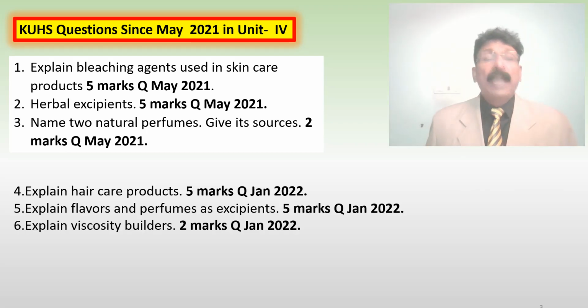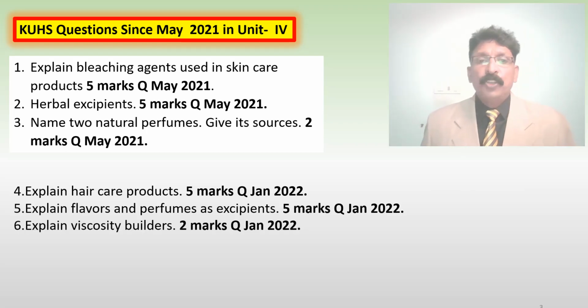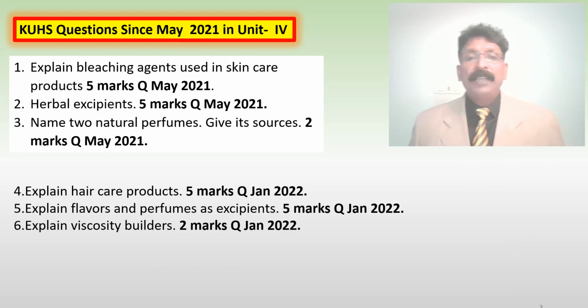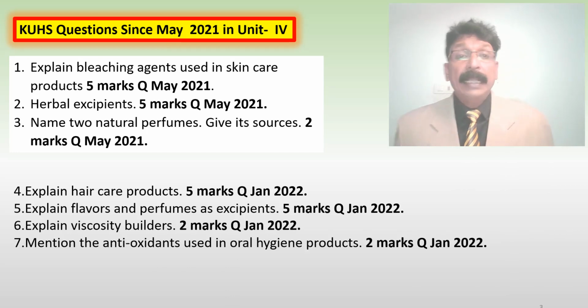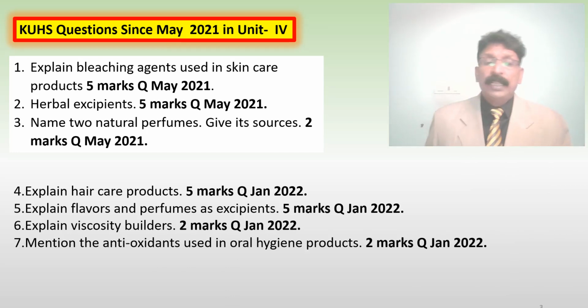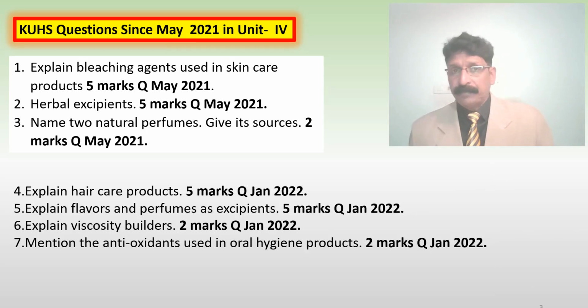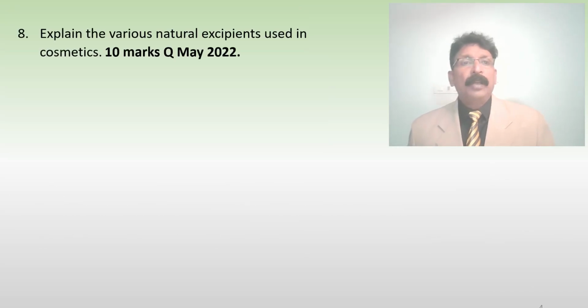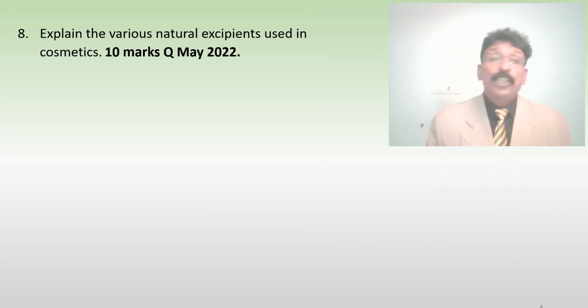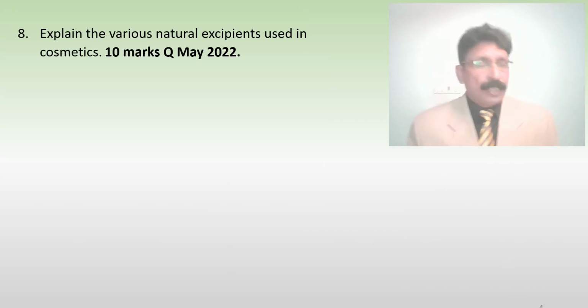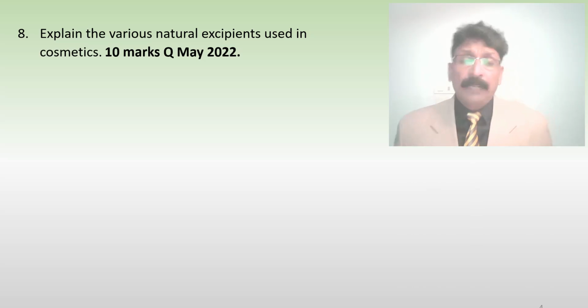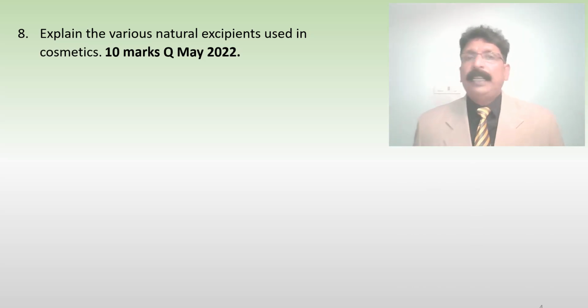Explain viscosity binders: 2-mark question in January 2022. Mention the antioxidants used in oral hygiene products: 2-mark question, January 2022. And explain the various natural excipients used in cosmetics: 10-mark question. So that you can write and explain completely whatever you know, whatever you studied, whatever I have streamlined.